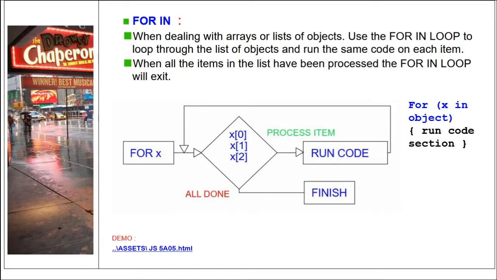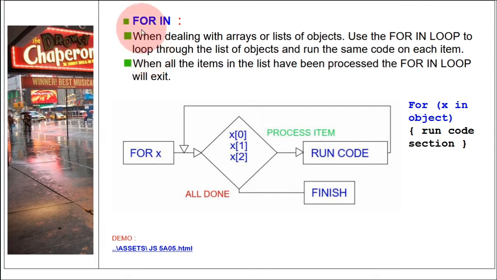The for in command works like this. When you're dealing with lists and arrays, where you have lists of objects and you're not dealing with numbers which go from 1 to 5 or whatever, this is very useful for iterating over a number of objects or items and running some code for each one.